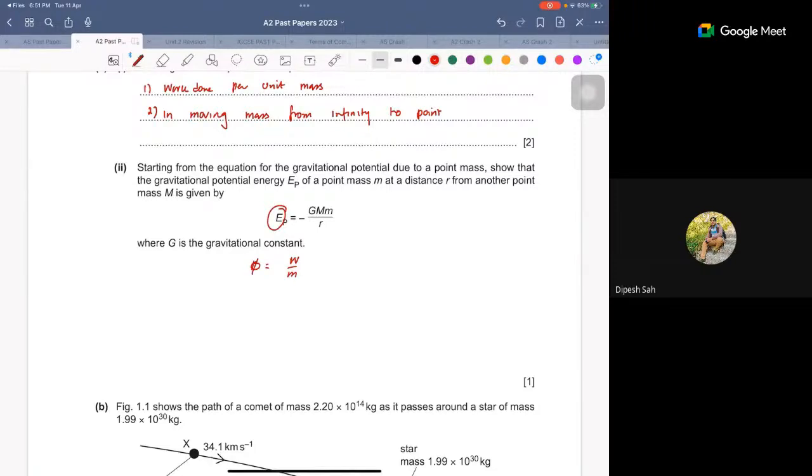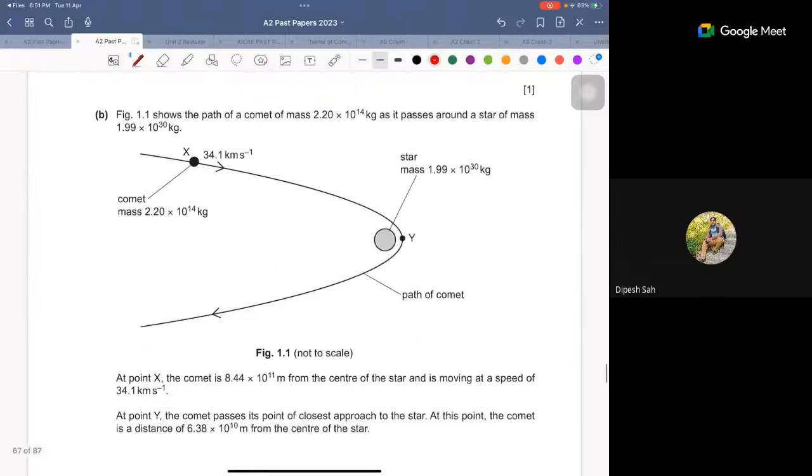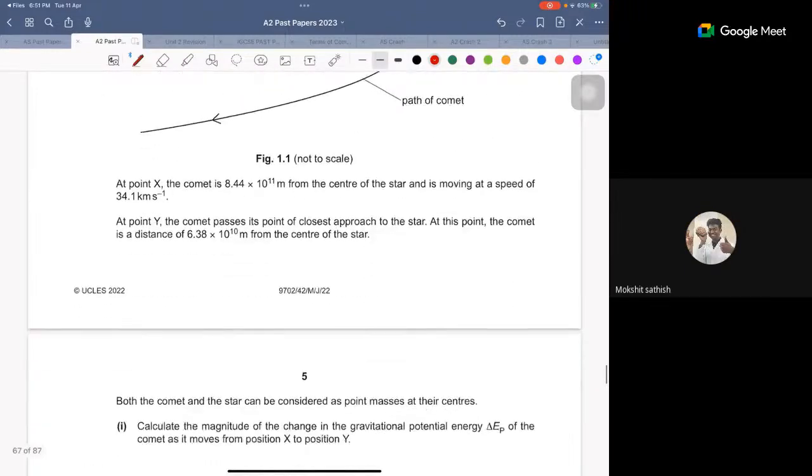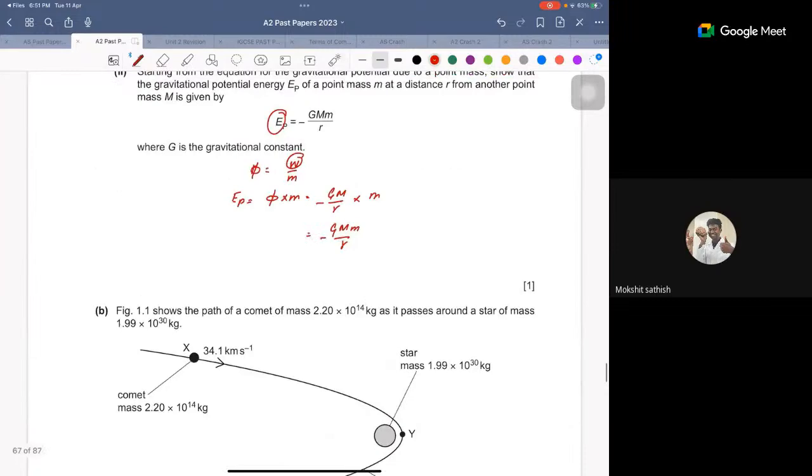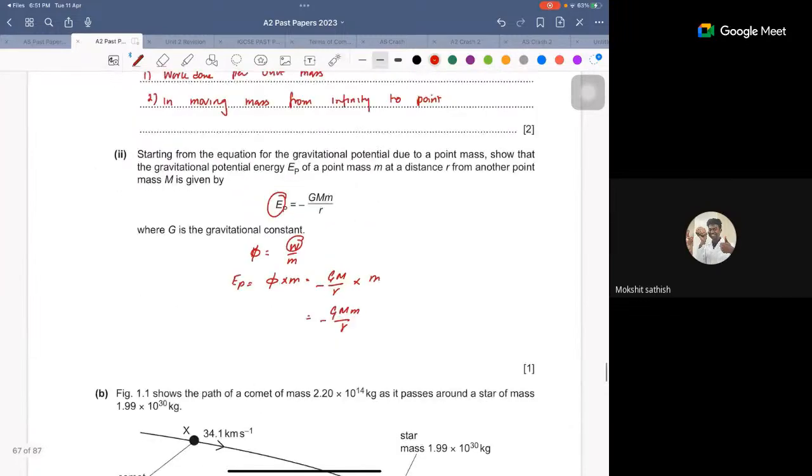So the work done is the gravitational potential energy, which is potential times mass. What is potential? It's minus GM over r, times m, so you get minus GMm over r. That's what you need to do. Sir, in that question we just have to show how they derive the equation? Yes, only that.